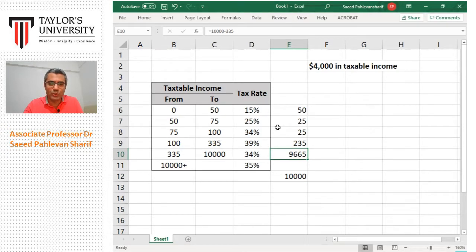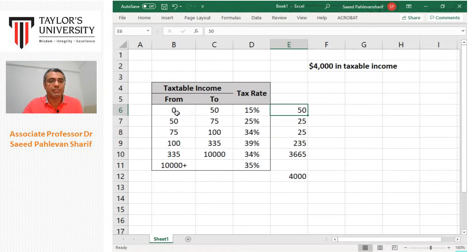So what I do is I want to reach 4,000. So 4,000 minus 335 is, so the last $3,665 will be taxed at 34%. And in total, these are 4,000. That's all. So when you want to compute the tax, you need to break it down into smaller parts.